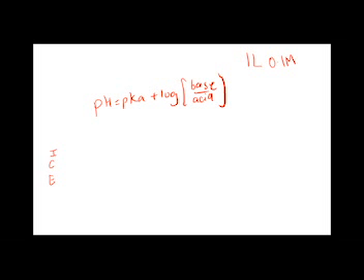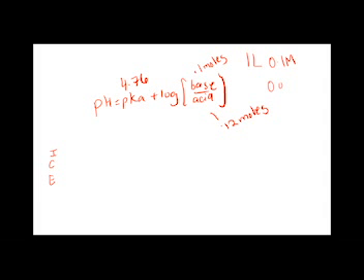We know our pKa is 4.76, and our base is 0.1 moles and our acid is 0.12 moles. If you plug it in like this, you'll get a wrong answer, because the problem says that we're adding 0.01 moles of NaOH.